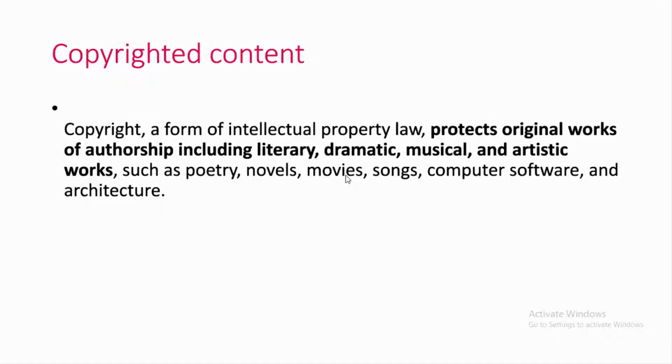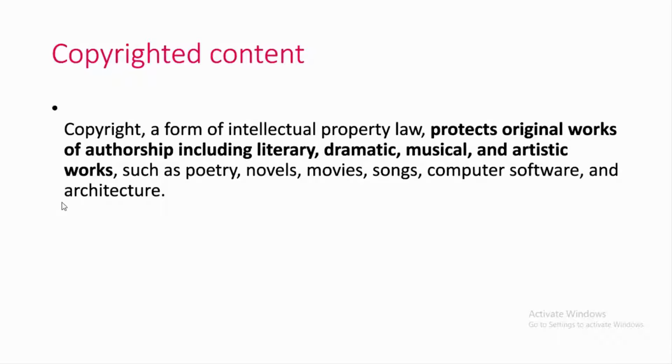The next thing is copyright content. That's exclusive content, content that you cannot use without the permission of the copyright holder or someone who has the rights to issue or share that content. Copyright, a form of intellectual property law, protects original works of authorship, including literary, dramatic, musical, and artistic works such as poetry, novels, movies, songs, computer software, and architecture.